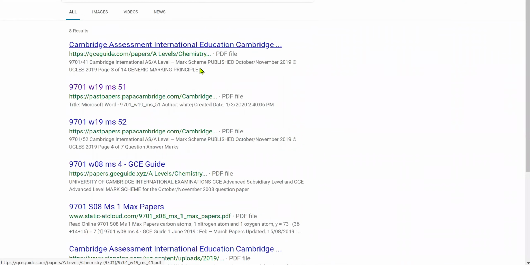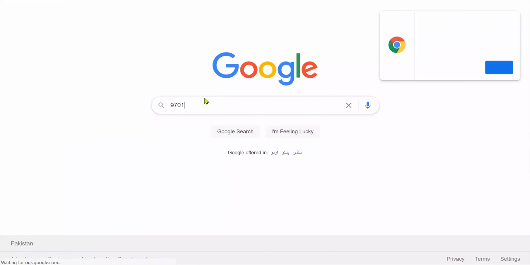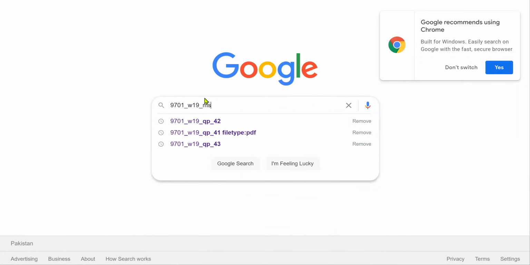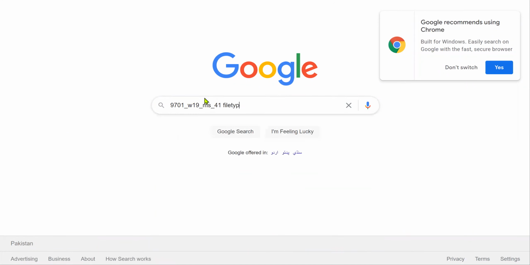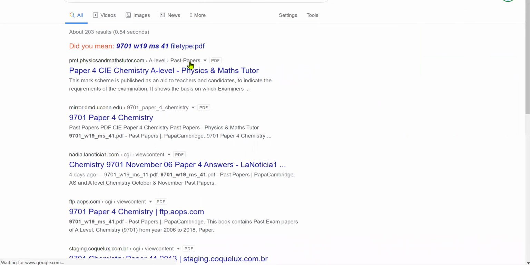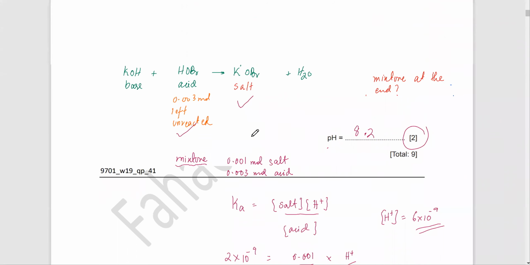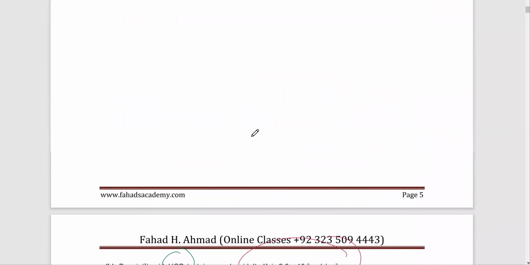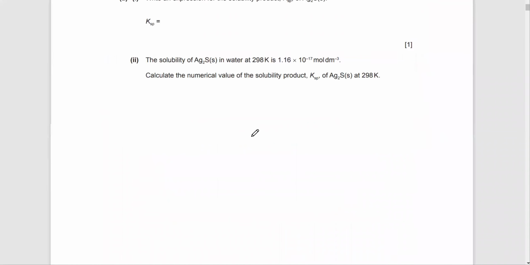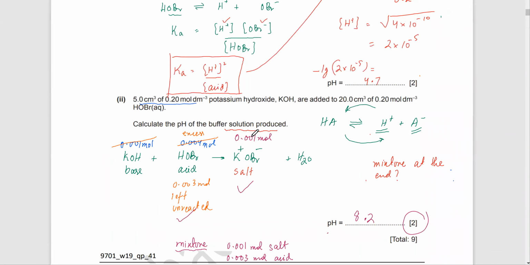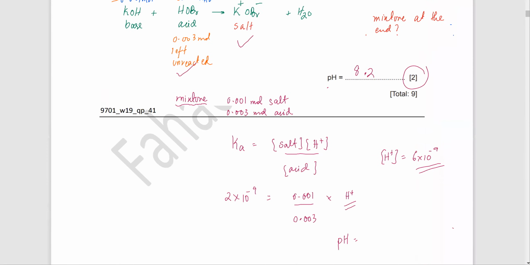Let me open Google. So this is which question? What was the question number? It was question number 5. So question number 5 in the marking scheme.